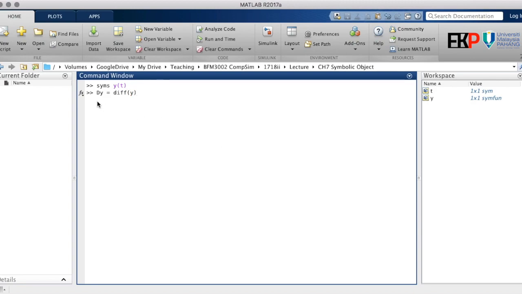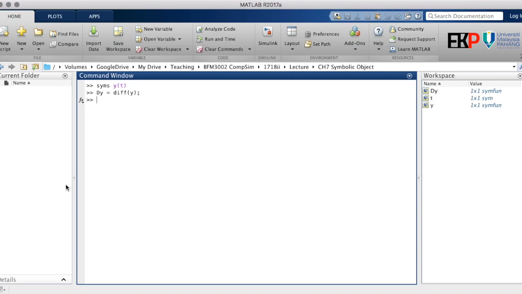So basically, dy is equivalent to the differentiation of y with respect to t. In other words, we are saying that dy is equal to dy over dt. So we can put a semicolon here and press enter.